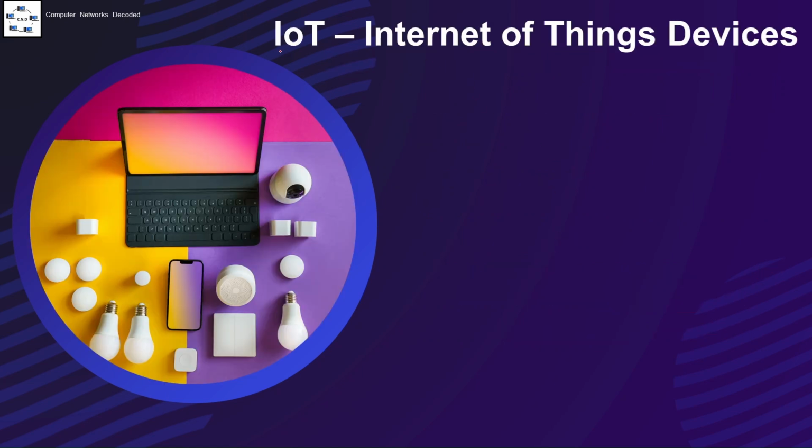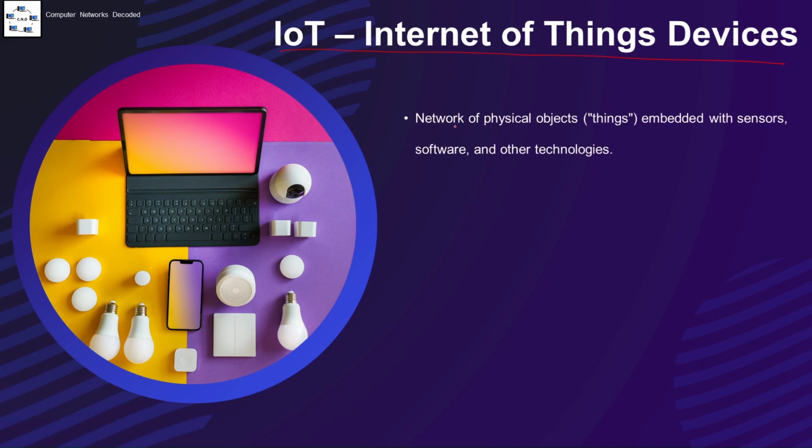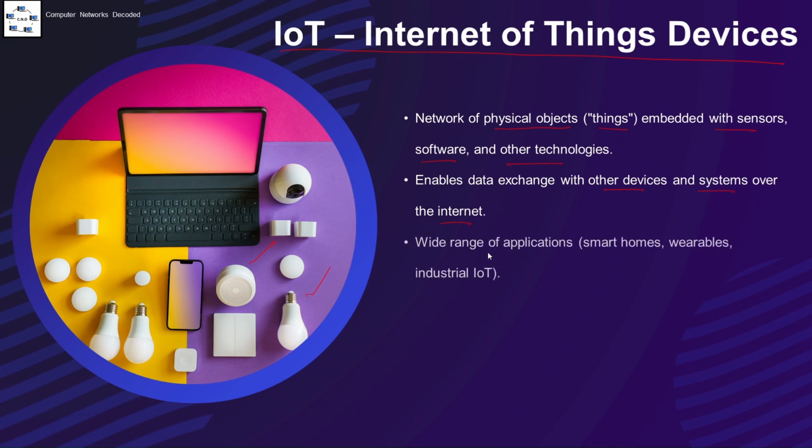Next topic is the IoT, that is Internet of Things devices. These are basically the network of physical objects, known as things, that are embedded with sensors, software, and other technologies. They enable data exchange with other devices and systems over the internet.